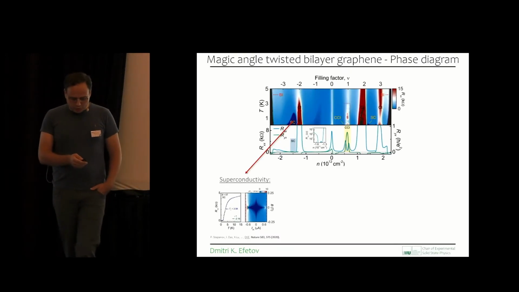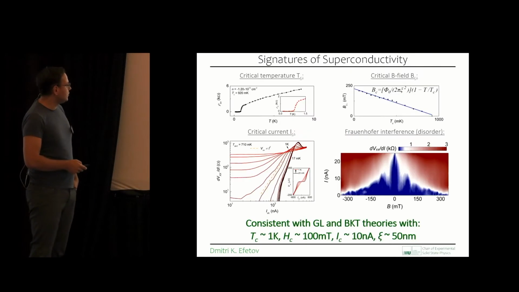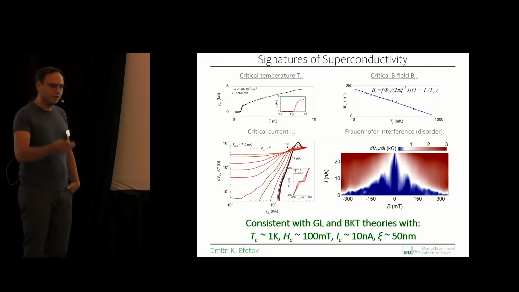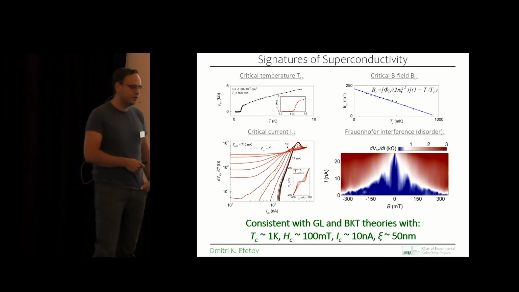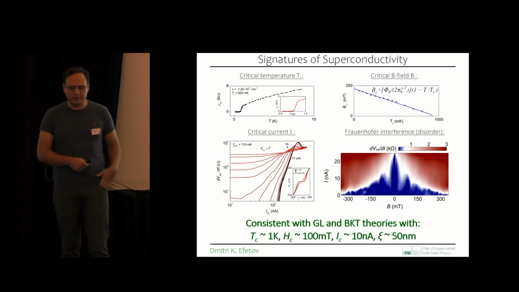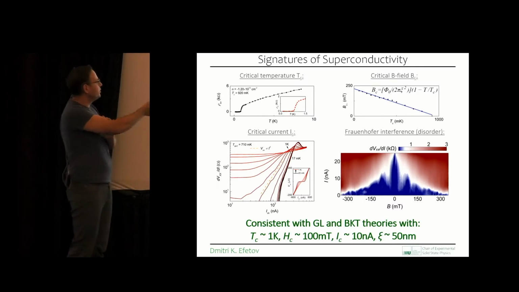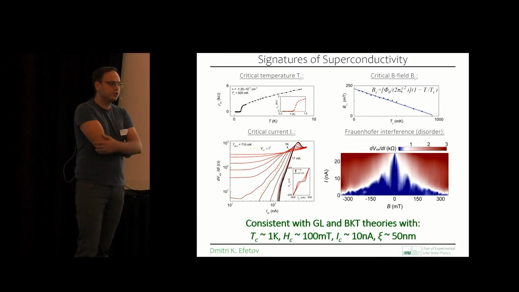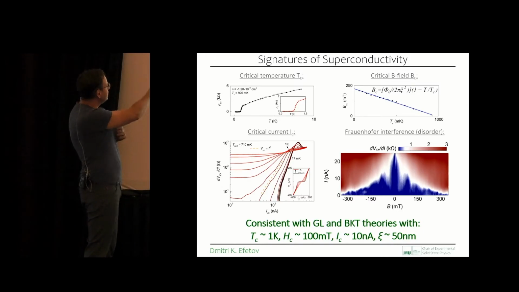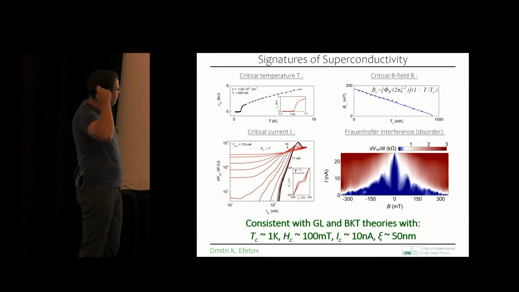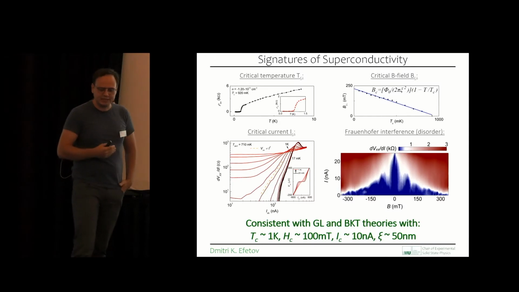Then a couple of words about the superconductivity. Superconductivity was one of the first things people observed here, and we have characterized that ground state quite extensively by now. We can measure all the significant signatures of superconductivity, like zero resistance, with a TC of below 1 Kelvin, in the best case 5 Kelvin.